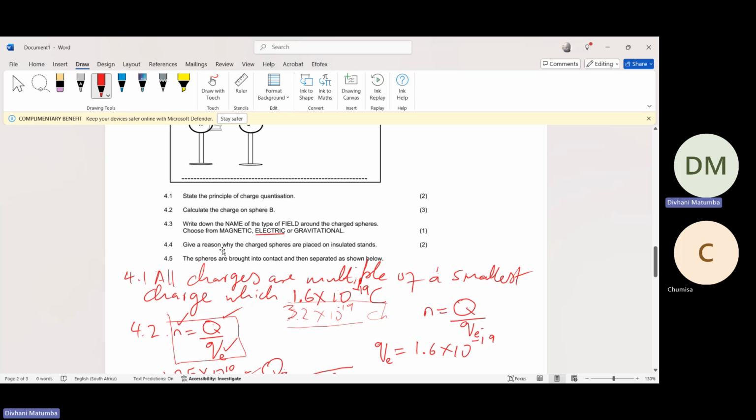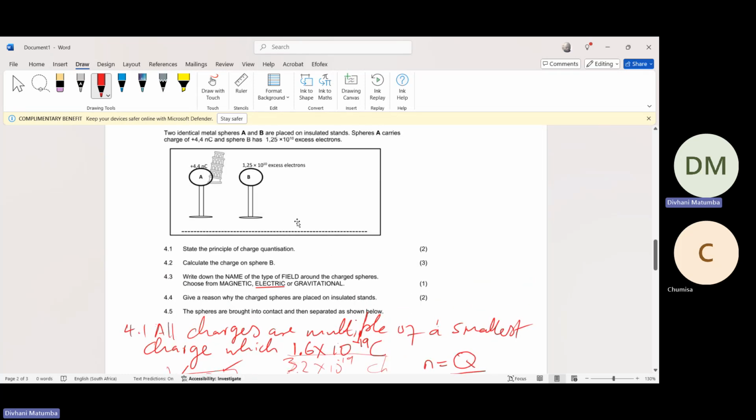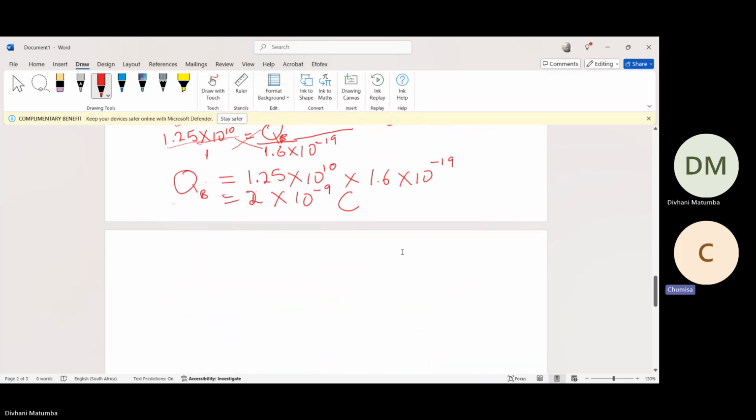Okay, give a reason why the charged spheres are placed on insulated stands. Why are they placed on an insulated stand? First of all, how do charges move?